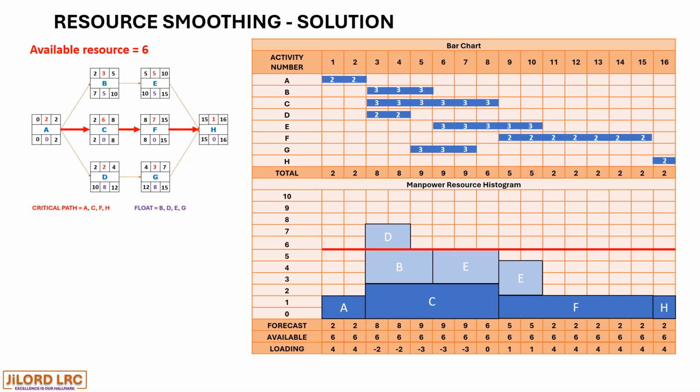Then we have activity G also within the same day period from day 5 to day 7 with resources of 3 making it up to 9 at that portion.